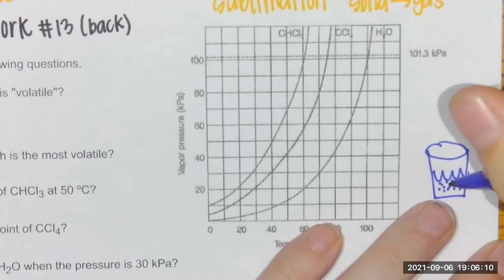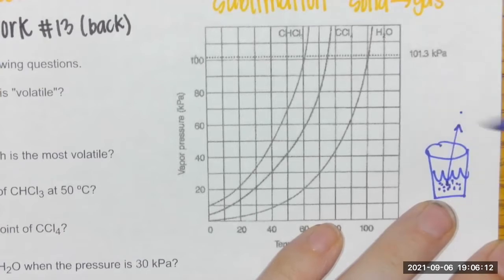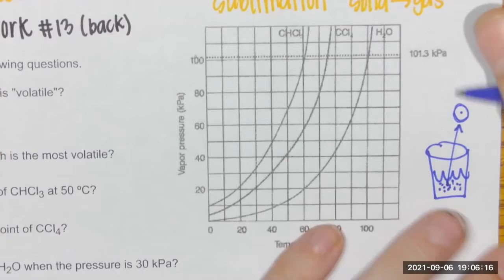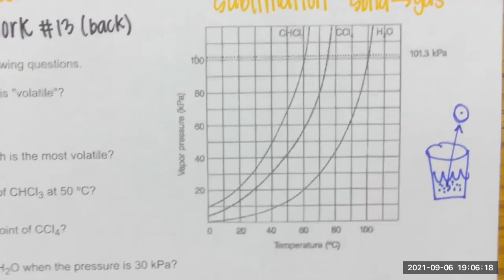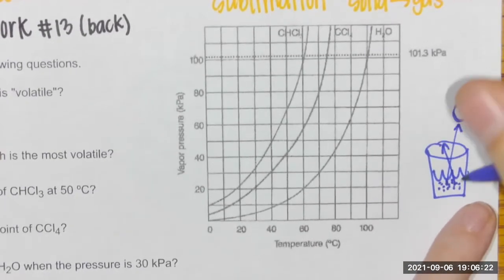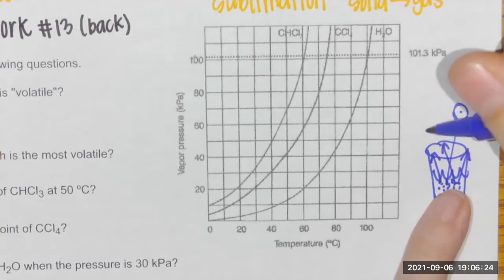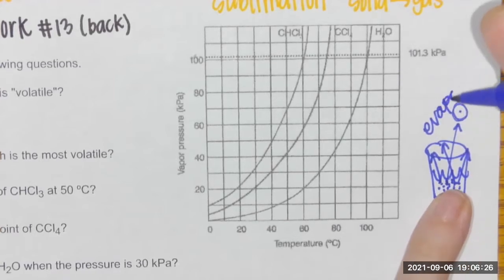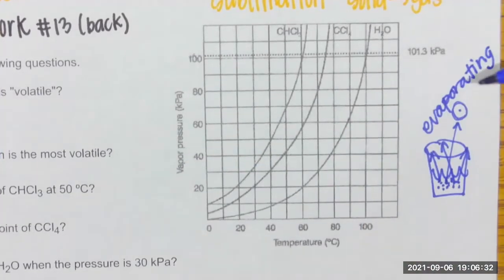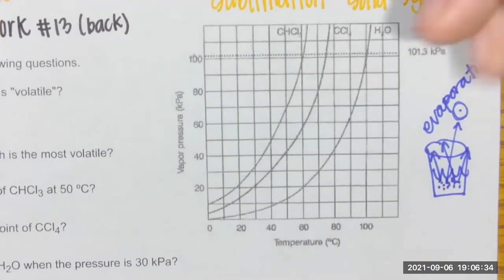But once the liquid becomes a gas, now this gas has pressure. So the vapor pressure is the pressure that's coming off of a substance that is evaporating. Okay, so I've got temperature and vapor pressure, and kPa.